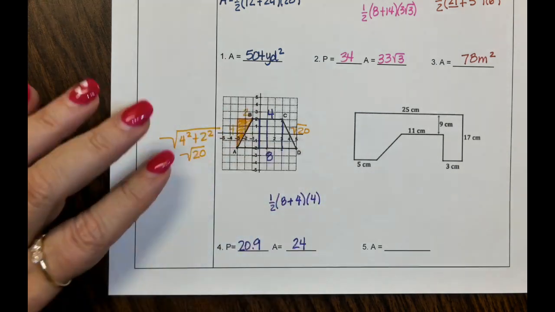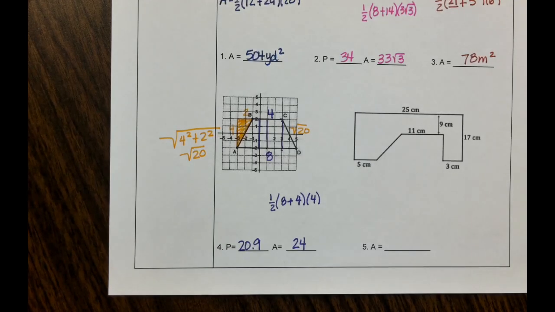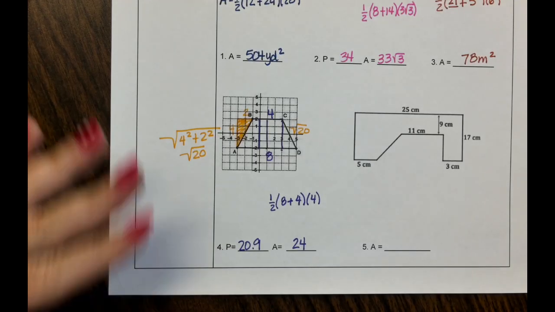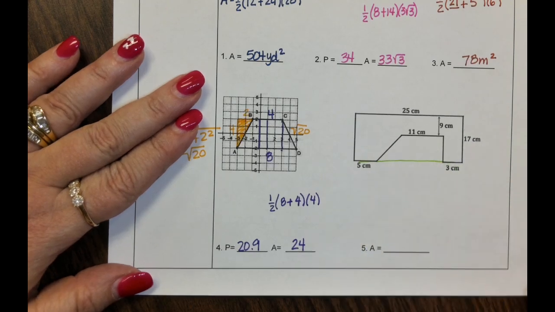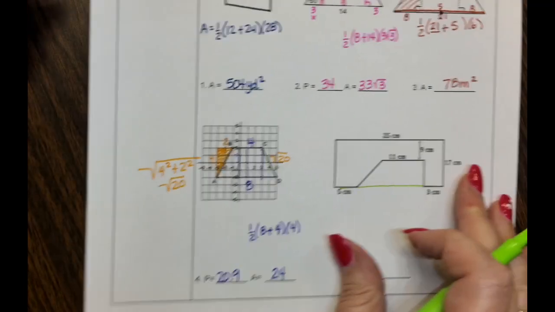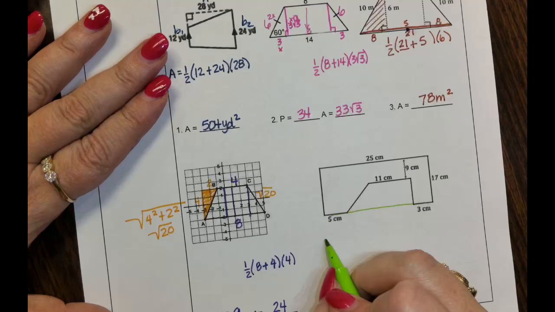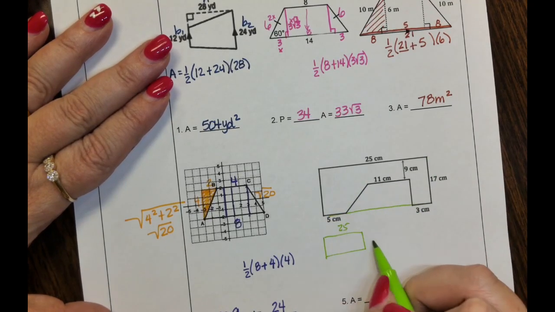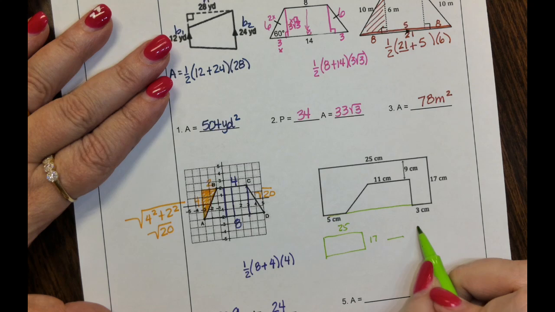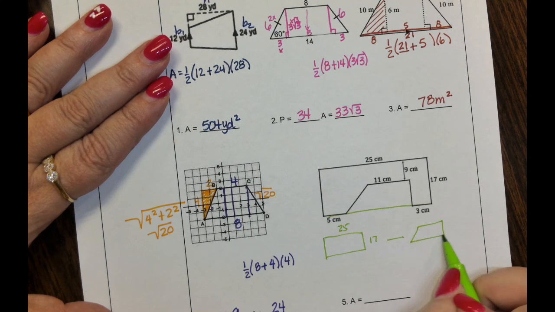So this one is a composite. Composite means it's a shape that's made up of a bunch of shapes. So this is a rectangle, and we're going to cut out a trapezoidal hole. If we take our rectangle, it's 25 by 17, and we're going to subtract away the trapezoid.